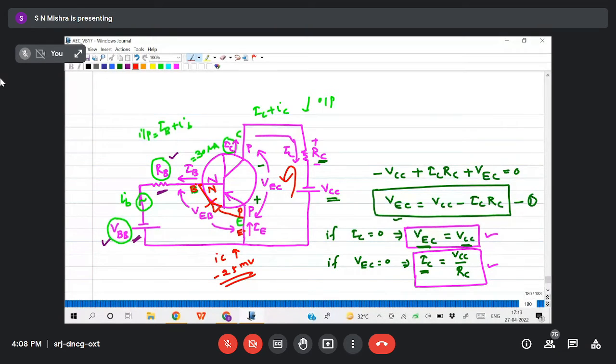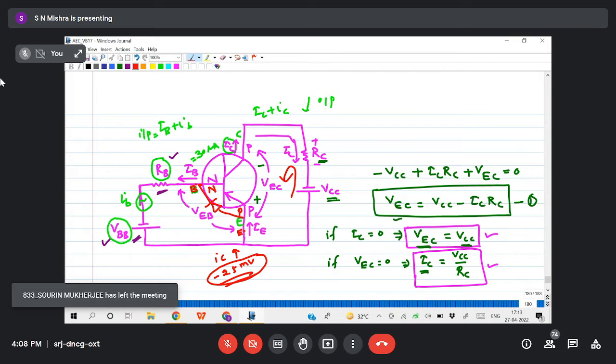So VEB decreases by 2.5 millivolt. Now VEB is forward bias or reverse bias? Emitter base junction is forward biased or reverse biased? Look at the figure and tell me.